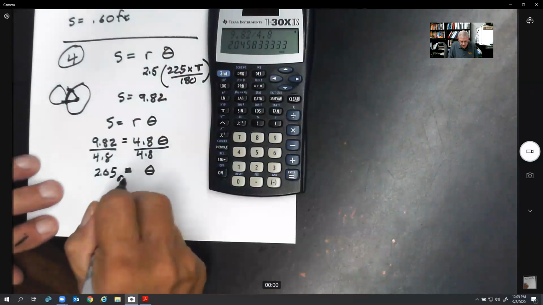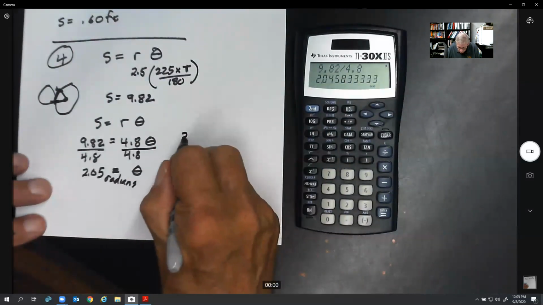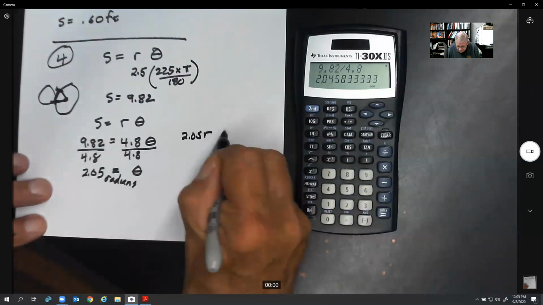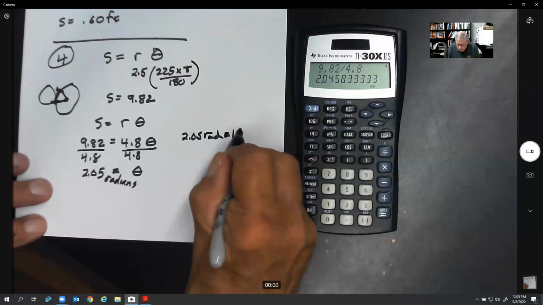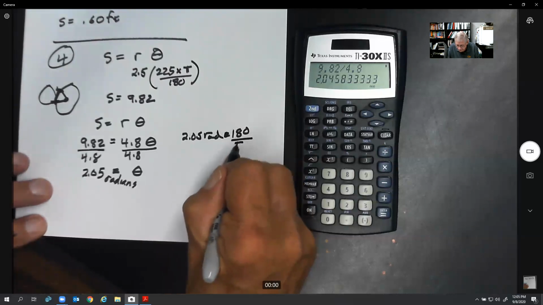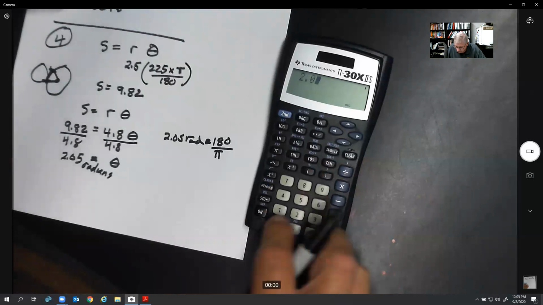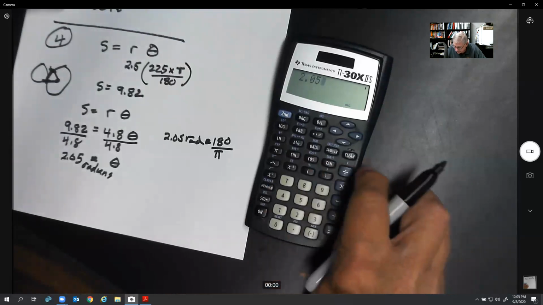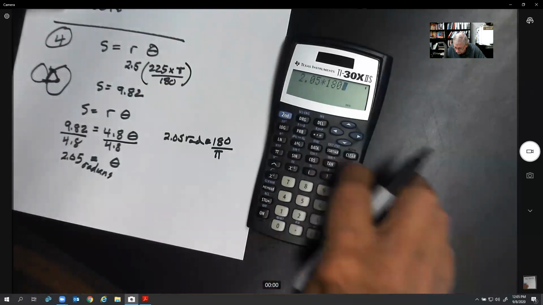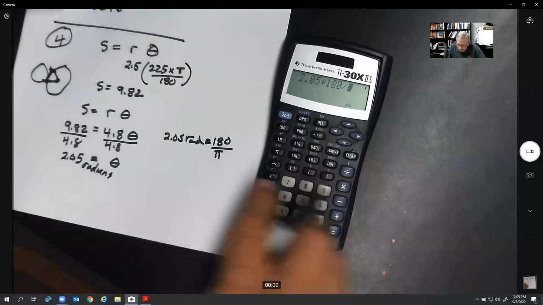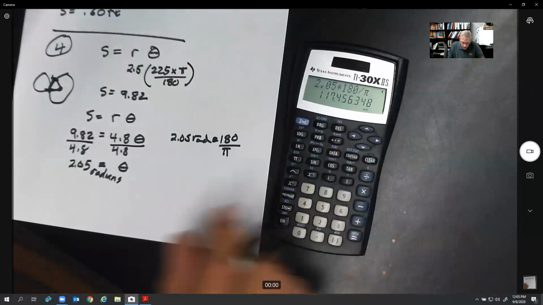But remember, this is in terms of radians. Now we've got to convert that over. So 2.05 radians times 180 over pi should give us our answer. 2.05 times 180 divided by pi equals, and this should give us our angle.